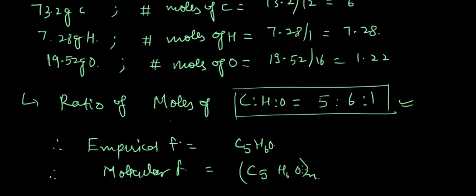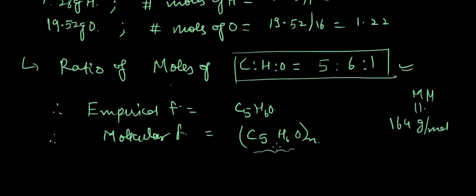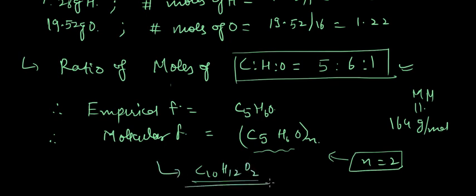Okay, so we have also been given 164 gram per mole as the molar mass. So we have to just calculate the mass of this, multiply with n, and equal it to 164, and we can get the value of n. So in this case, after calculation, you can do it yourself, n comes out to be 2. So the molecular formula would be C10H12O2.